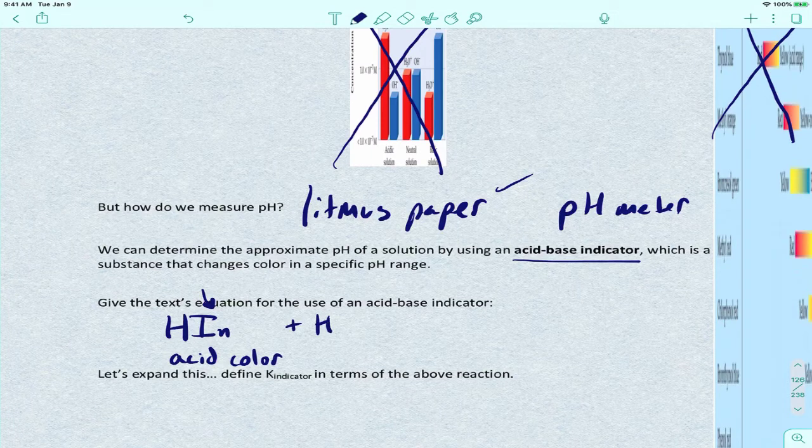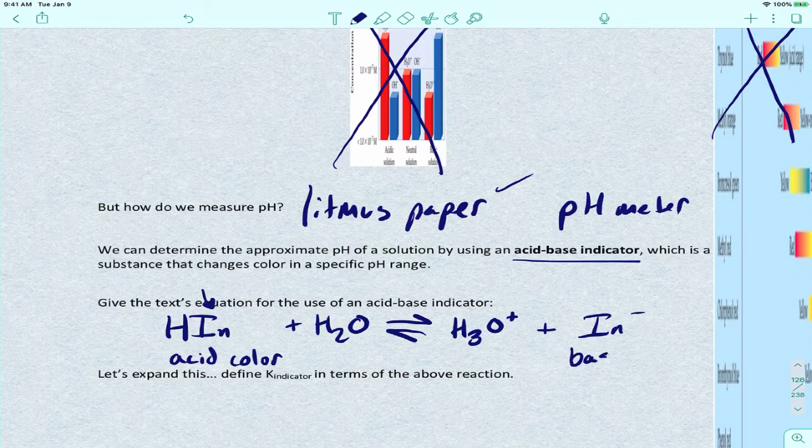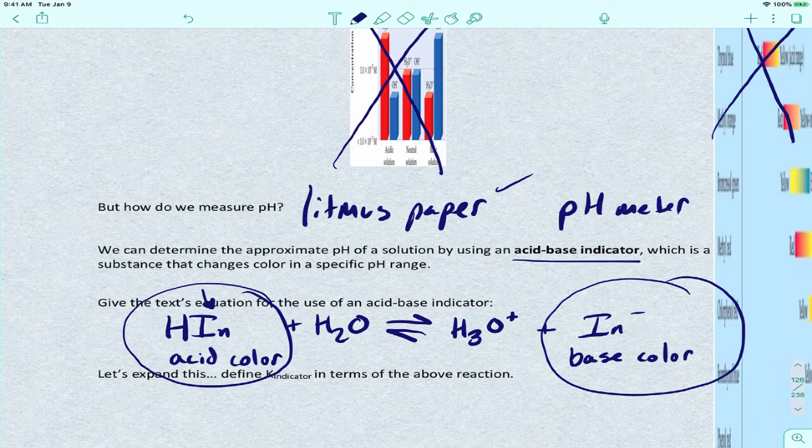We react that with water, and the two products are going to be H3O plus, because that water picks up the proton, and then you're going to have the indicator ion, In minus. This is actually your base color. So usually an indicator is going to have one color when it's predominantly in the acidic form, and then another color when it's predominantly in the basic form. Okay.